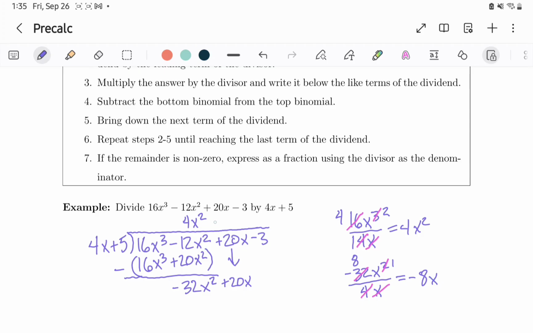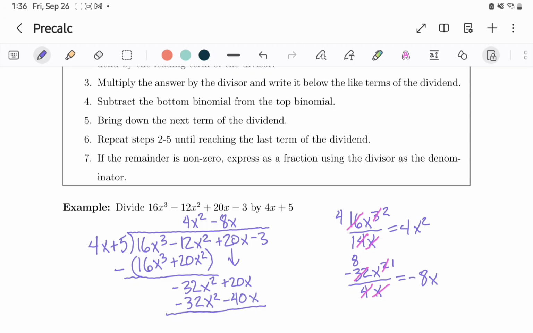So that's going to be our next term for the quotient, so minus 8x. And then we want to multiply our binomial 4x plus 5 by minus 8x. So minus 8x times 4x is going to be minus 32x squared. And then minus 8x times 5 is going to be a minus 40x.